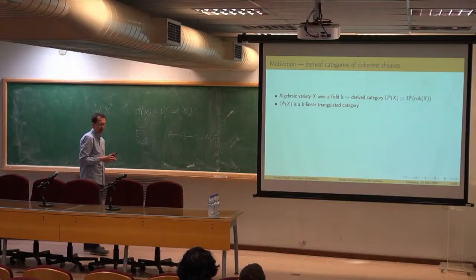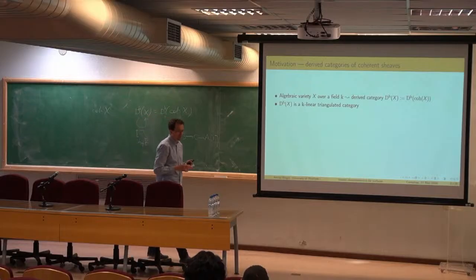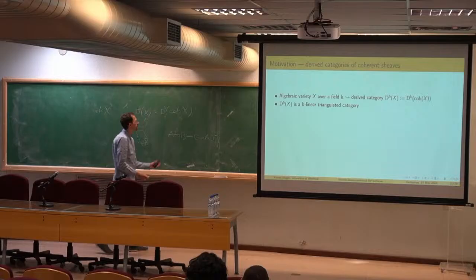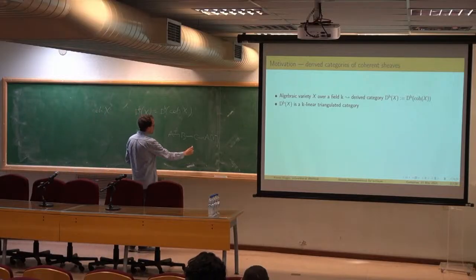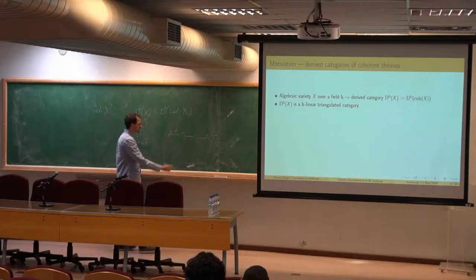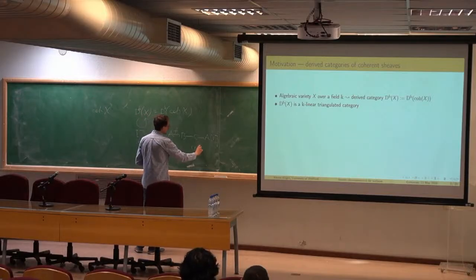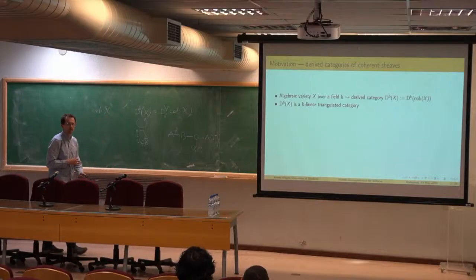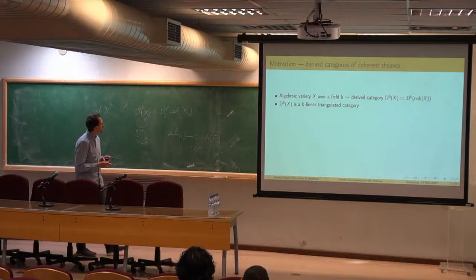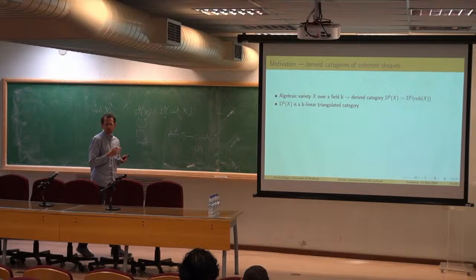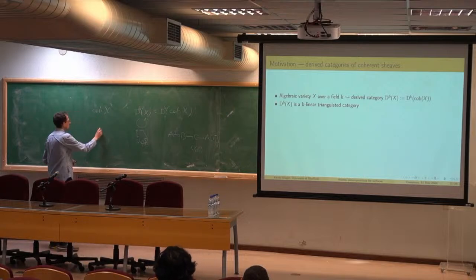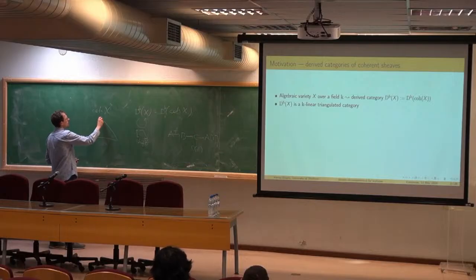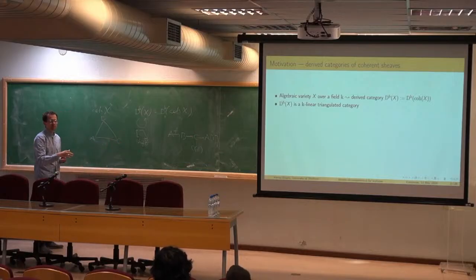This data should satisfy some axioms, and essentially the main axioms say that any morphism f fits into some distinguished triangle. Then the third vertex is called the cone of f. It is uniquely determined by f. And then also there is an axiom saying that triangles are in fact triangular, so that the three vertices play the same role.